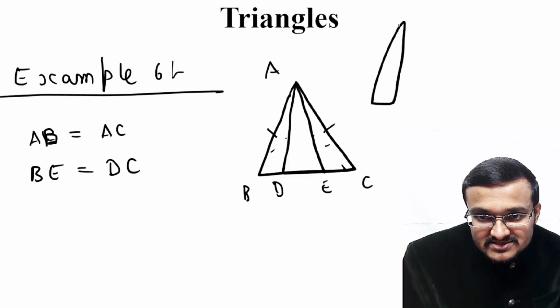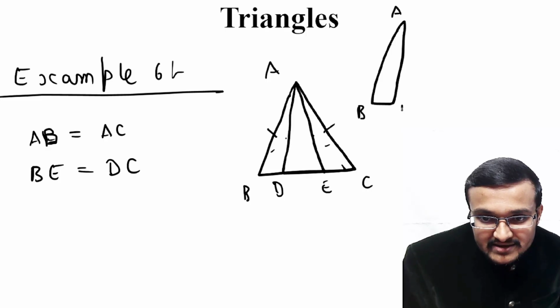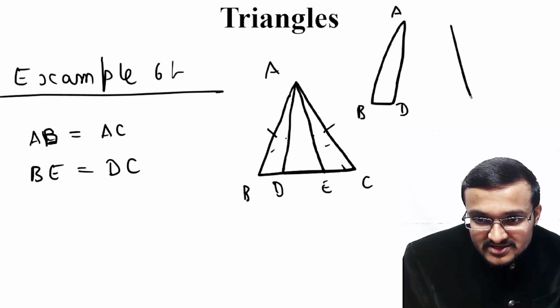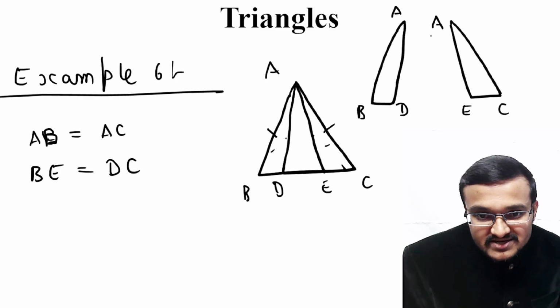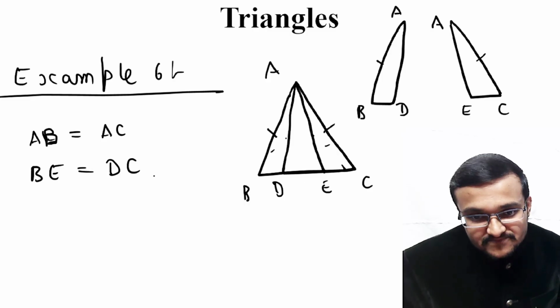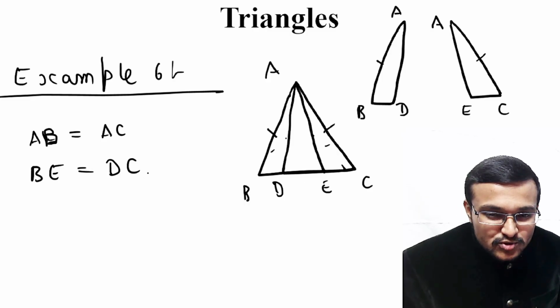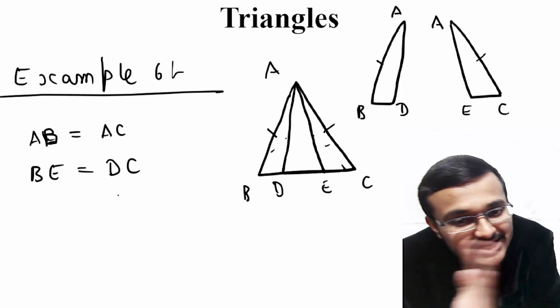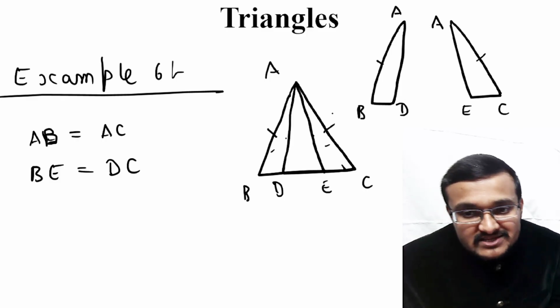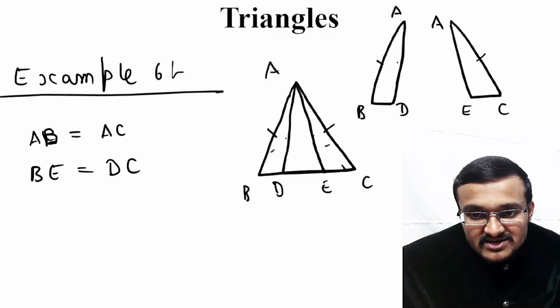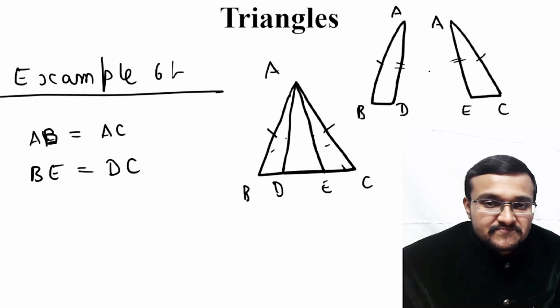We are considering triangle ABD and triangle AEC, where AB is already equal to AC, and they have given that BE is equal to DC. Now we will try to prove that these two triangles ABD and AEC are congruent, so that we can straight away conclude that AD will be equal to AE.